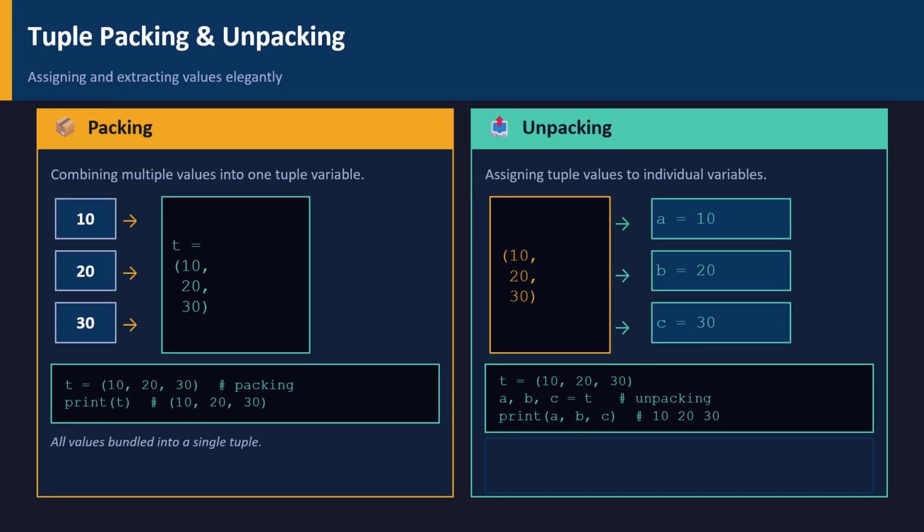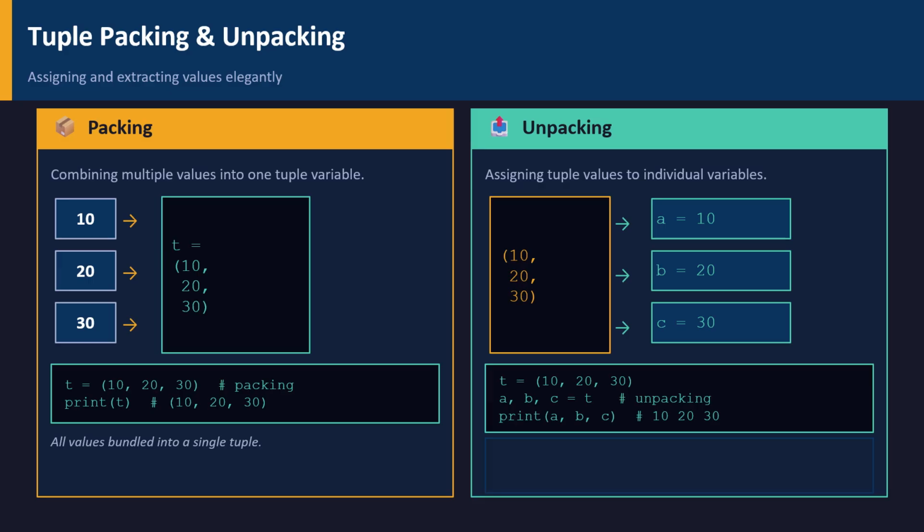Other features, that is packing and unpacking. These are two elegant features of a tuple. Packing means combining multiple values into a single tuple variable. For example, when we write T equals 10, 20, 30, all three values are packed into one tuple. This is called packing.